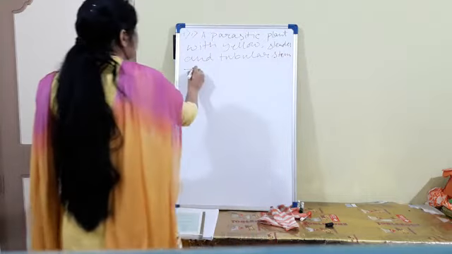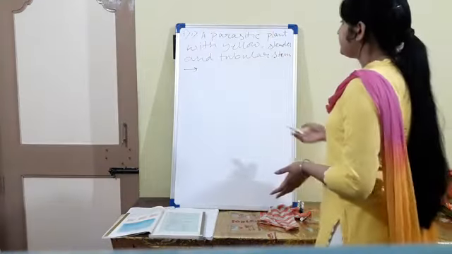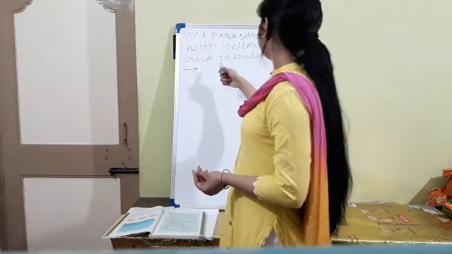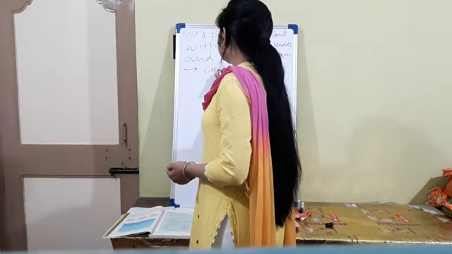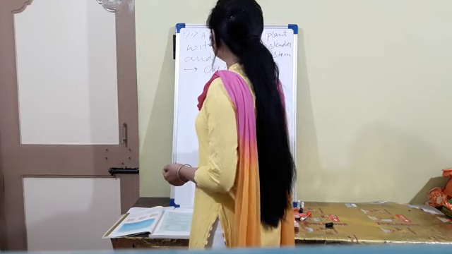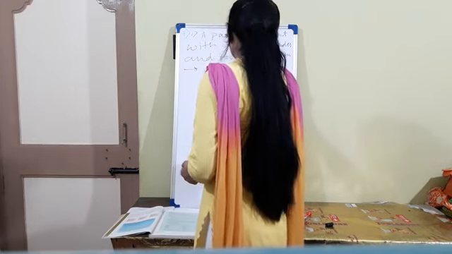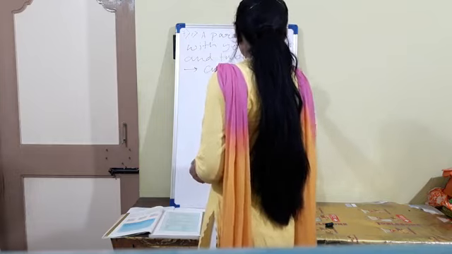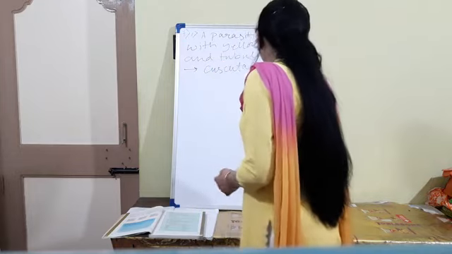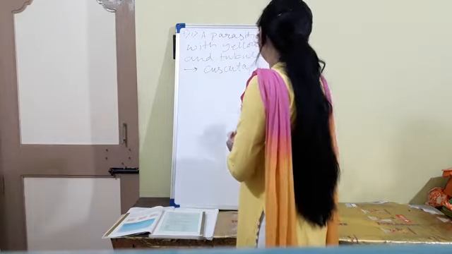What will be the name of that plant? You know the examples of the parasite. The parasitic plant with yellow, slender and tubular stem is Cuscuta or Amarvel. Okay, Cuscuta or Amarvel.